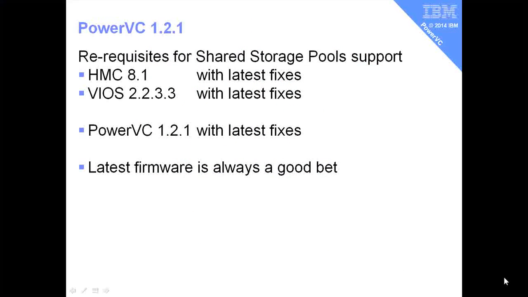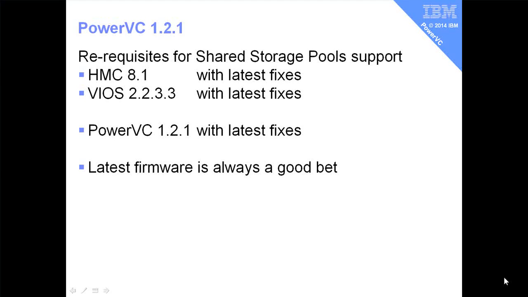Little warning, there are some prerequisites if you want to try PowerVC 1.2.1 with the shared storage pools. You have to upgrade your HMCs to software level 8.1 with the latest fixes. Don't get that confused with the HMC CR8, which is the brand new, slightly faster HMC hardware.